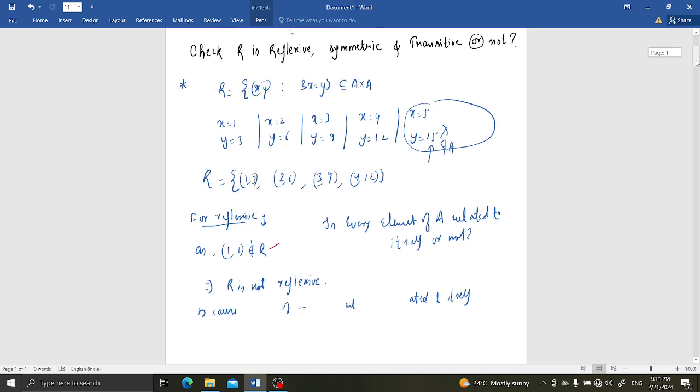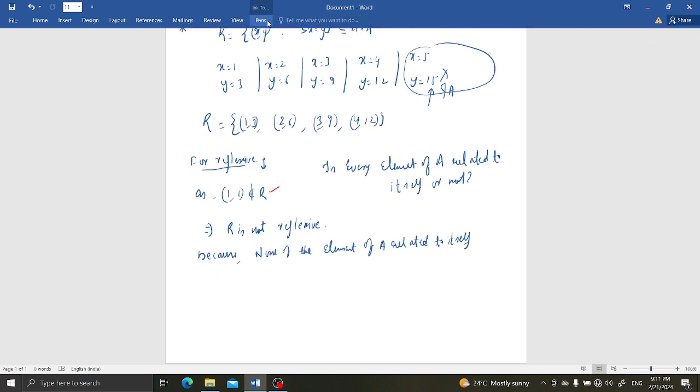Okay, now next is symmetric. We need to check for symmetric. For symmetric, if (1, 2) is there, (2, 1) has to be there.